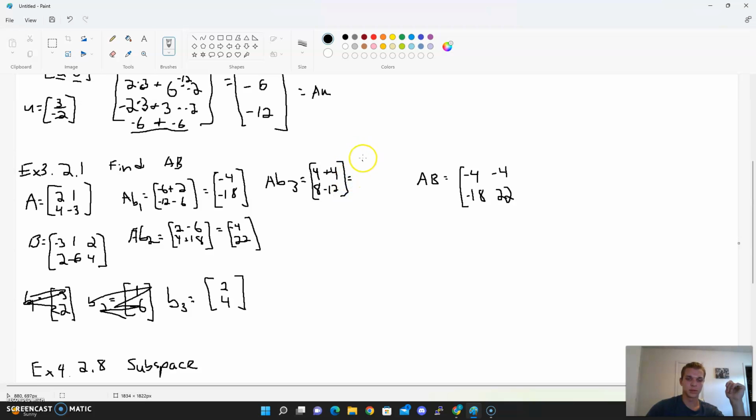The resulting thing for this will be 4 plus 4 is 8. 8 minus 12 is minus 4. So the last column of AB will be 8, minus 4.